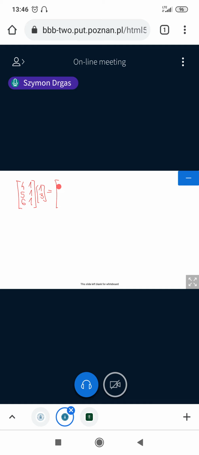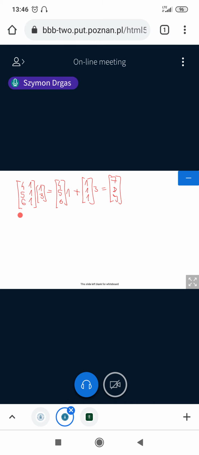So the first column, 4, 5, 6, is multiplied by 1, plus 1, 1, 1 is multiplied by 3. So then we have 4 plus 3 is 7, 5 plus 3 is 8, and 6 plus 3 is 9.